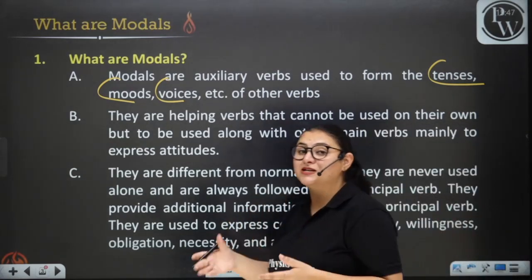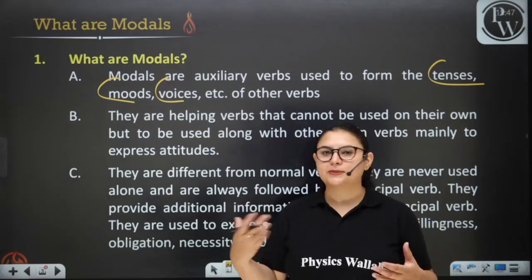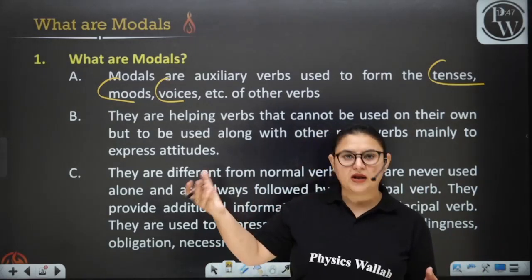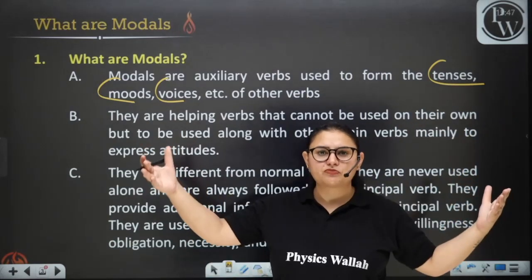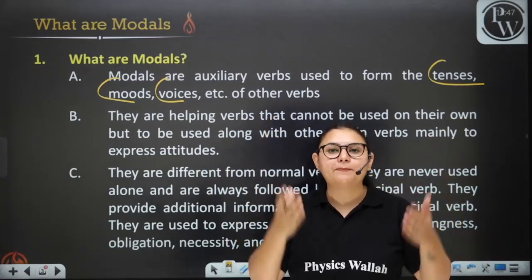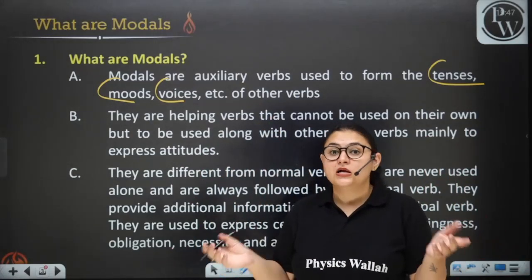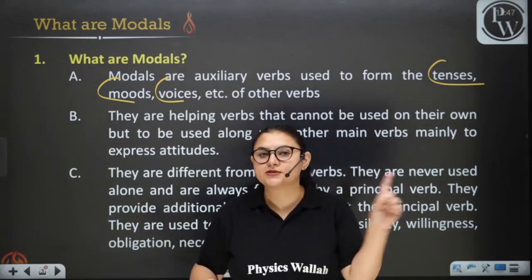mainly to express attitudes. See, earlier I told you that there can be multiple answers. You can say, I will come, I shall come, I can come, I could come, I may come, I might come. Now, whatever answer you give depends on the attitude. If I say that you can use any of the modals, that is wrong.